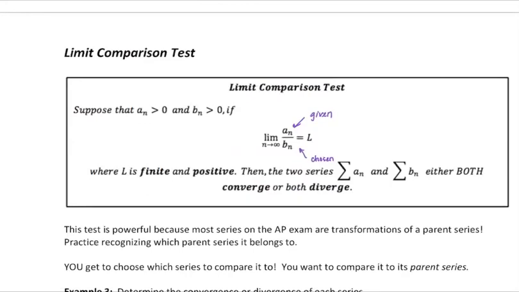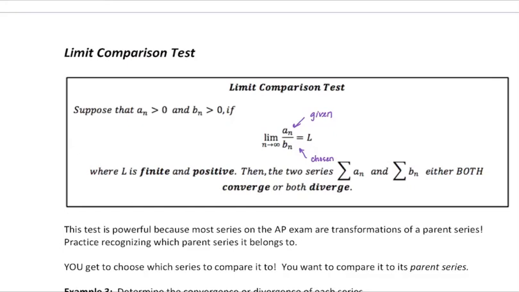If that limit as n approaches infinity equals L, meaning L is some finite and positive value, then what that tells us is that A sub n and B sub n both behave the same way. So either they both converge or they both diverge.